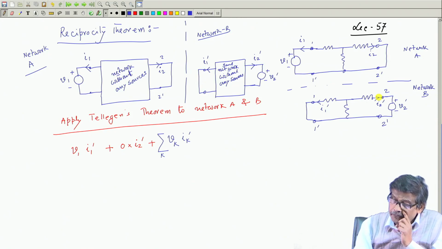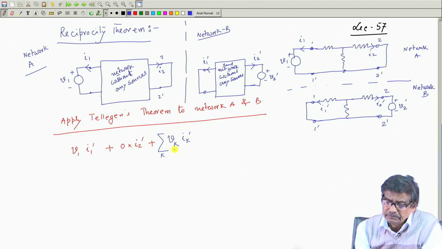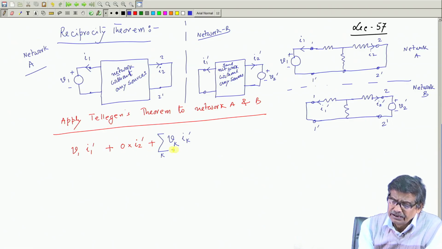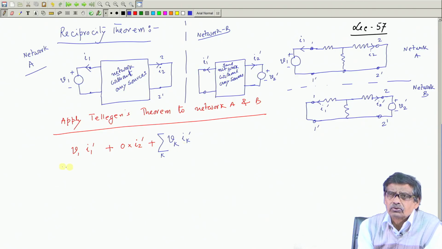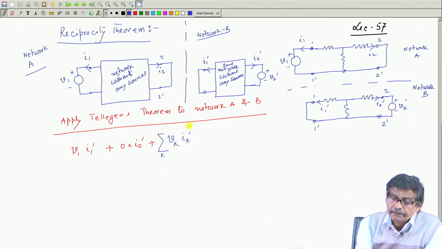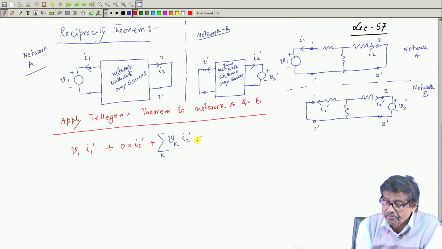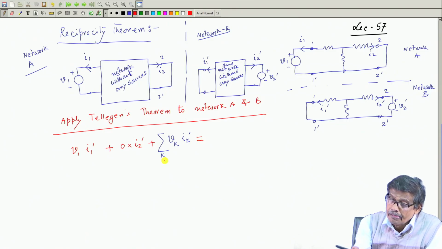So, and here how many terms will be there? 2 terms there, then another k. So, total number of terms will be k plus 2. This I am telling is to be equal to the voltage of the corresponding elements.